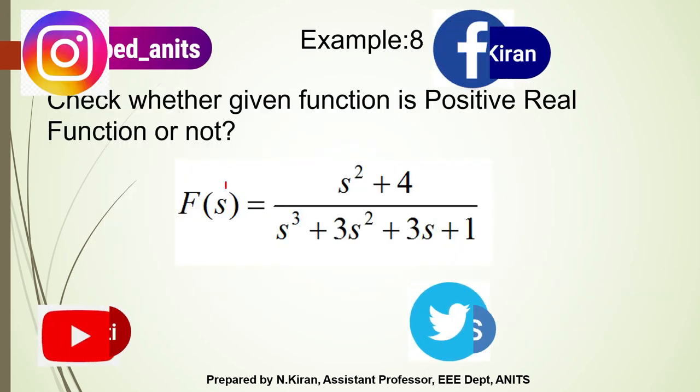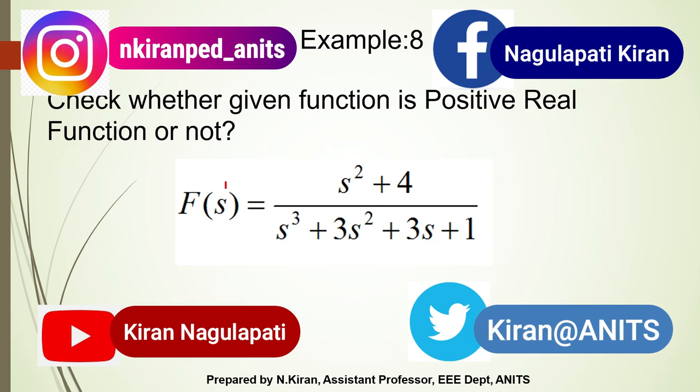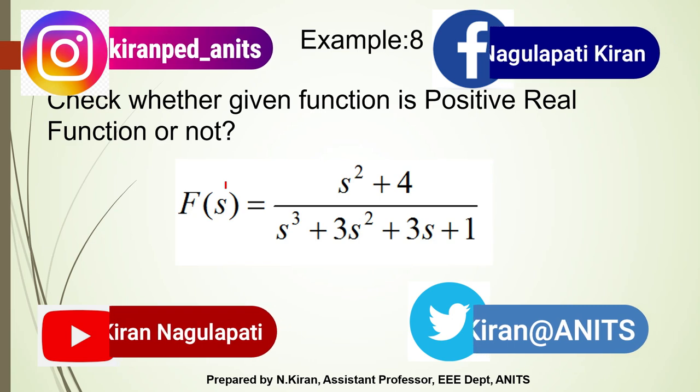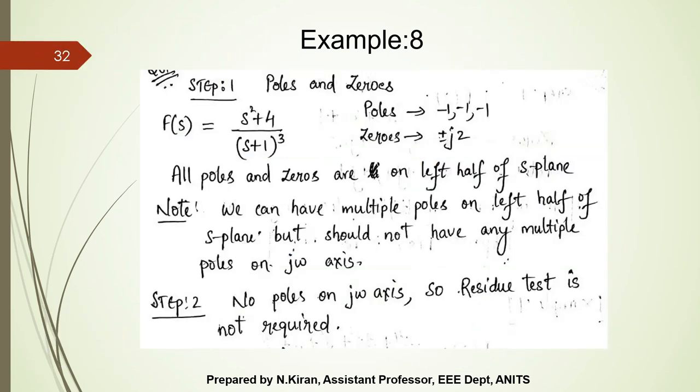The eighth example, s square plus 4 by s cube plus 3s square plus 3s plus 1. Finding all the poles and zeros of the given function, I can observe that all the poles and zeros are on the left half of the S-plane, indicating the first condition is satisfied. Remember that the residue test must be conducted only if you have poles on the j omega axis.